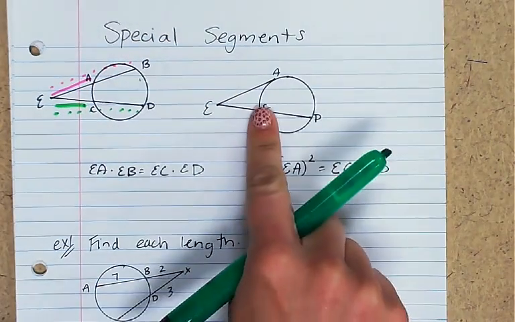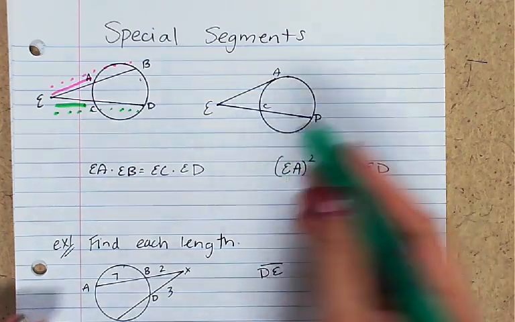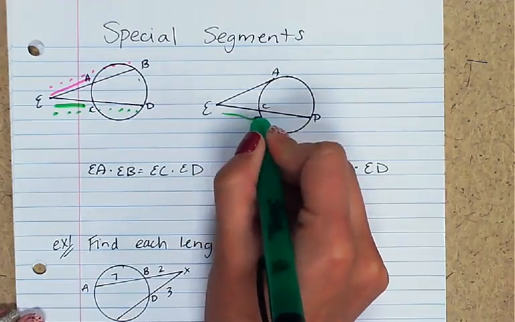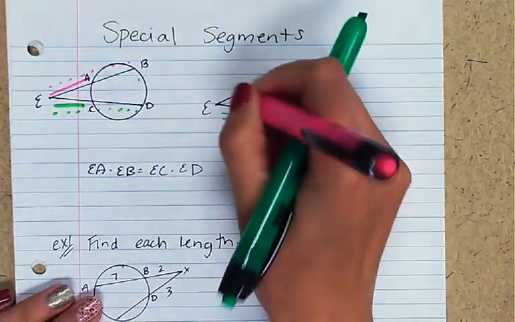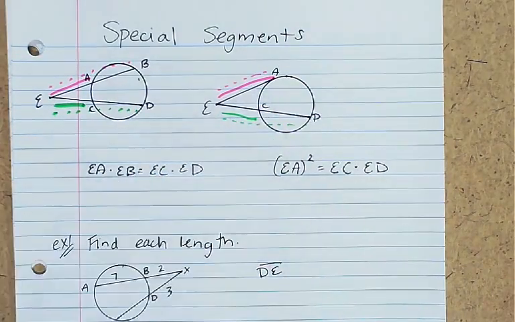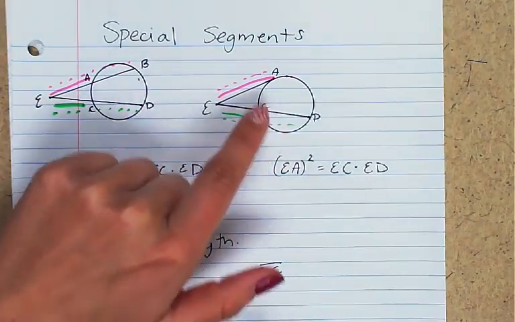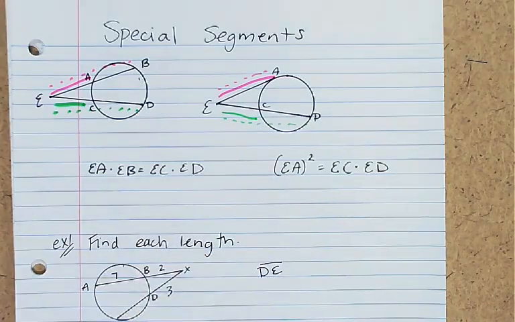When you have a tangent, it works the same way, but the whole thing is the outside, so you end up doing EA times EA, which is where they come up with that EA squared.